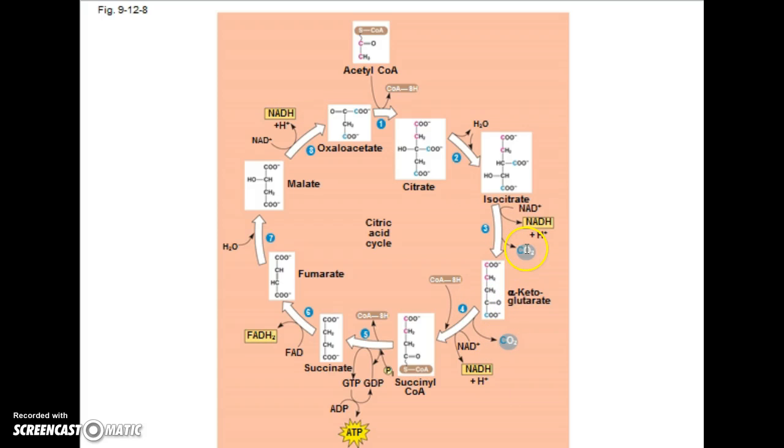So we see 2 carbon dioxides coming out. We'll need to keep in mind the products that are made from this cycle: some electron carriers, some carbon dioxides, some ATP, and that's what you're going to need to take away from this.